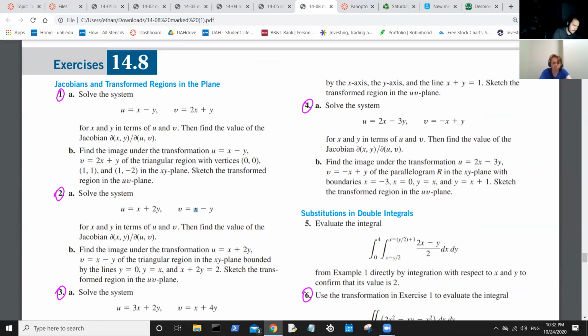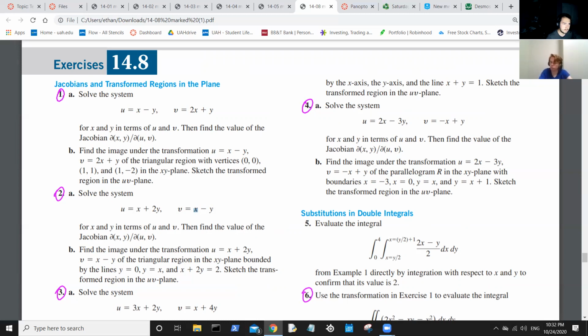2a. So we have u is equal to x plus 2y, and v is equal to x minus y. Solve the system for x and y in terms of u and v, then find the value of the Jacobian, which is the partial of xy over the partial of uv, which I believe, since this is 2 variables, would be done using the square determinant of 2 terms.